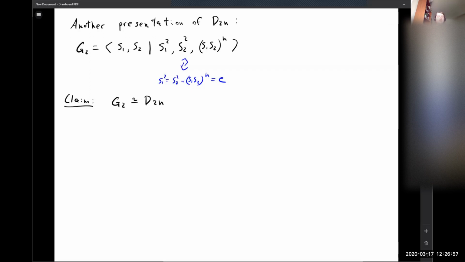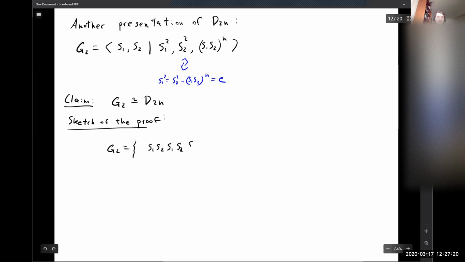And here is a sketch of the proof. First of all, you prove that G2 as a set consists of the products S1, S2, S1, S2, S1, all the way, k times, where k is from 0 all the way to 2n minus 1.